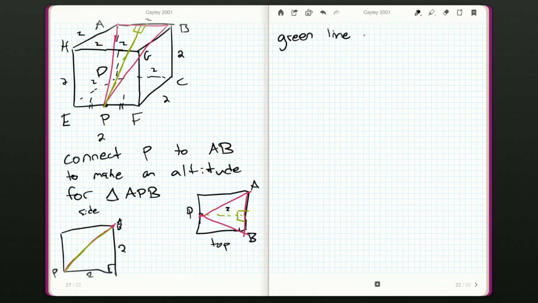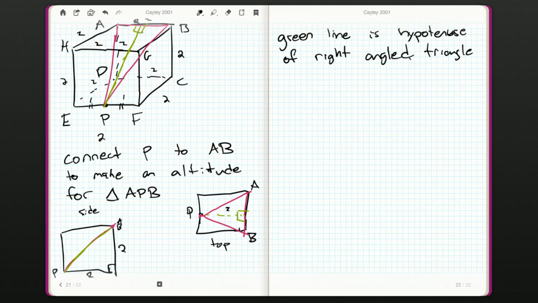So the green line is the hypotenuse of a right-angled triangle. Now, if we wanted to be really clever, we'd call this Q, and then we'd drop a line down here, R, and it would be the midpoint of CD.